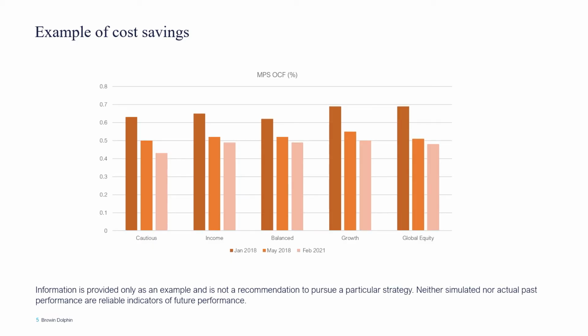So to illustrate some of the potential cost savings, we have an MPS as it was prior to using a segregated mandate structure. So that's the first date there in January 2018. And then after a transition to the use of segregated mandates, you can see that in May 2018 the costs come down from over 60 basis points to somewhere between 50 and 55 basis points.